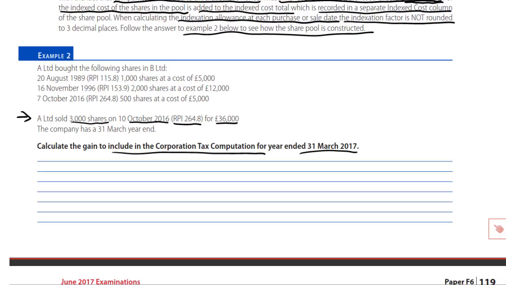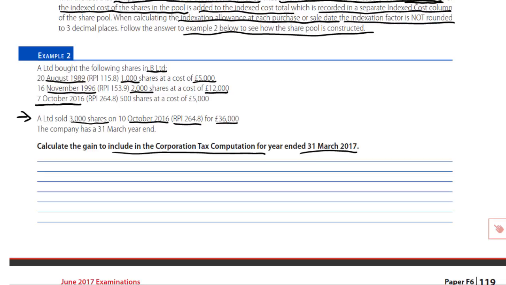We now want to see where those 3,000 shares came from. So we had bought the shares in what appears to be B Limited here. In August 89, we have the RPI. 1,000 shares were purchased at a cost of £5,000. November 96, we bought another 2,000 shares at a cost of £12,000.